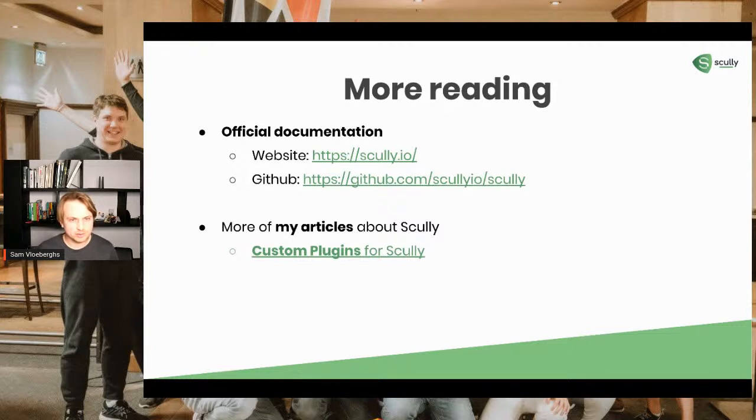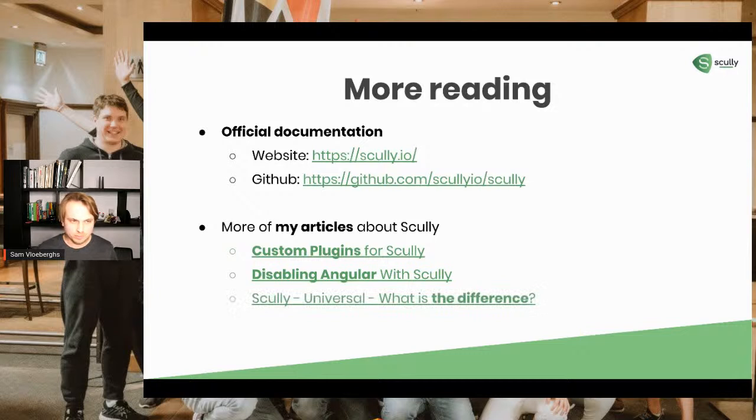It's written out on my blog. For example, custom plugins for Scully, how to disable Angular with Scully. That might be very interesting for you if you want to get to that 99 or 100% in Lighthouse. More in detail, the difference between Scully and Universal, and comparing some benchmarks with pre-rendering static pages with Scully and Universal.